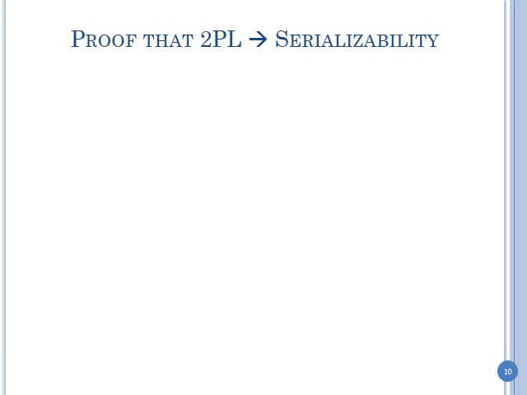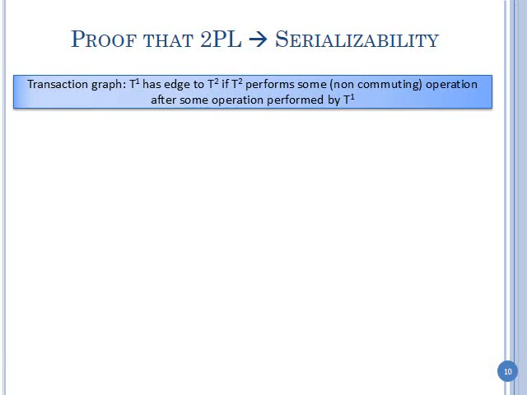You guys convinced? How would you prove it? So remember the transaction, let's talk in terms of transaction graphs. Okay, what cycles mean. So T1 has an edge to T2 if T2 performs some operation before T1 performs an operation on that object, and those two operations are non-commuting, right? That's what these dependency things say.